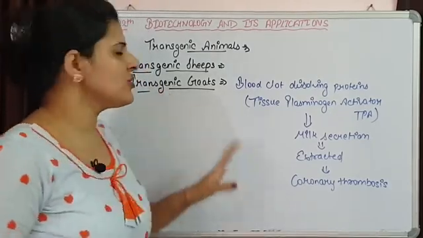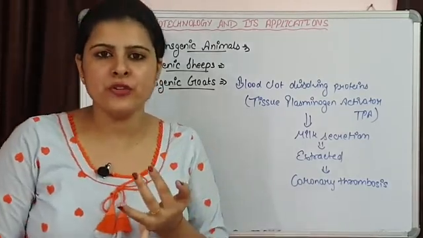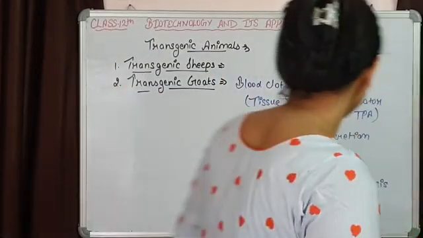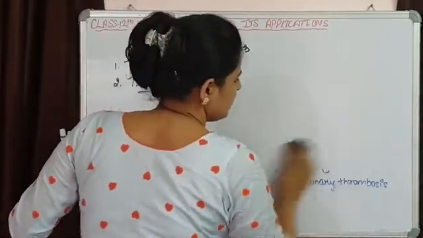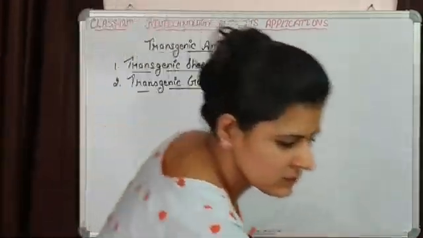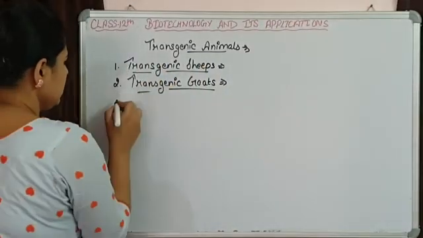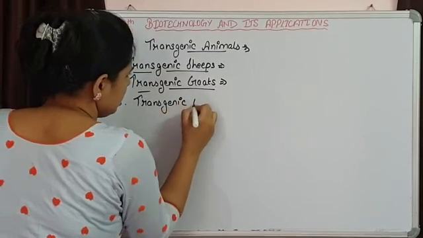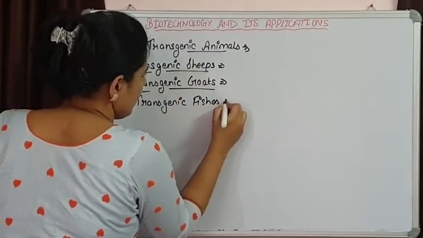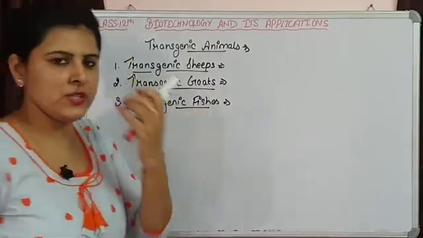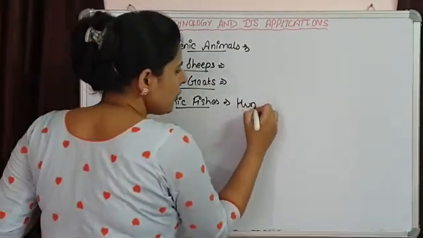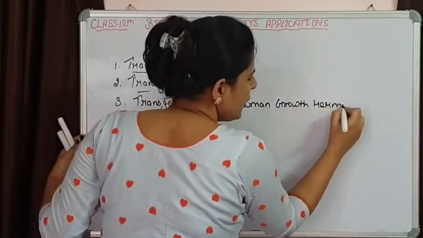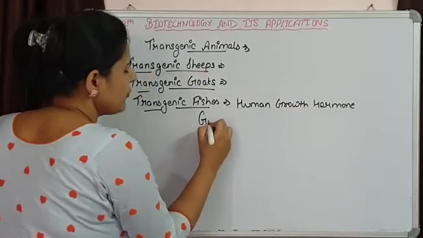Other than transgenic goats, we also have transgenic fishes. These transgenic fishes again have the human growth hormone gene that is responsible for the formation of human growth hormone, like goldfish.